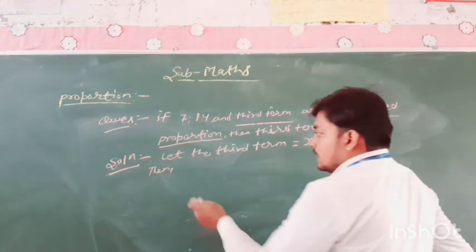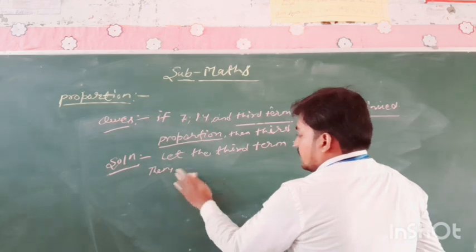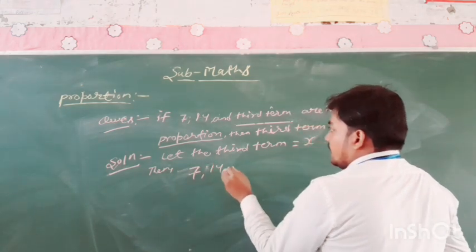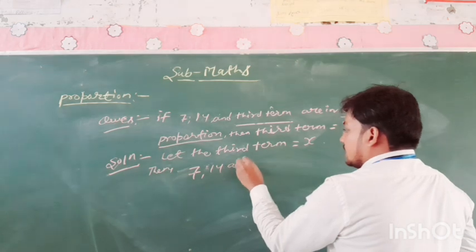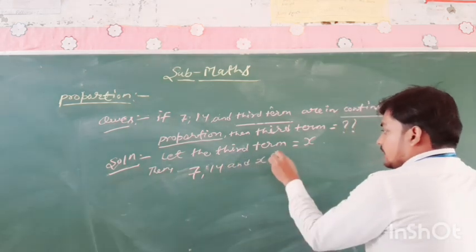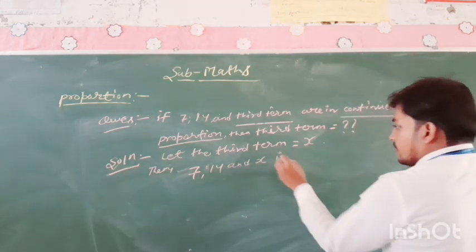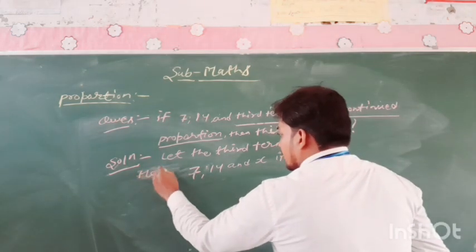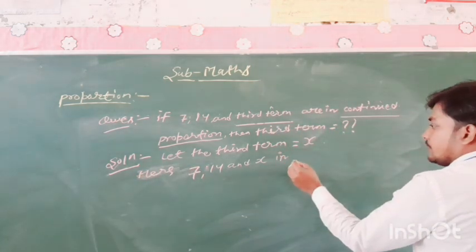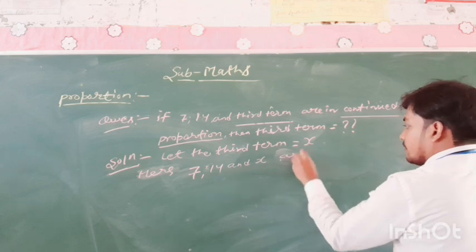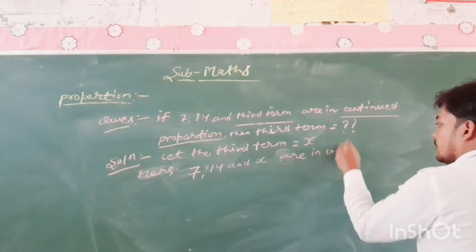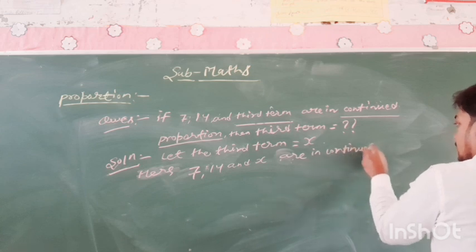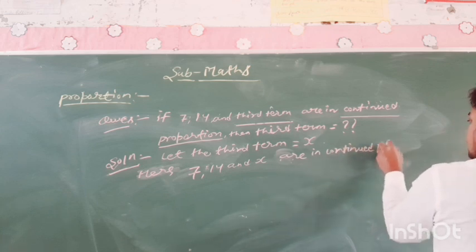This means that 7, 14 and x are in continued proportion.